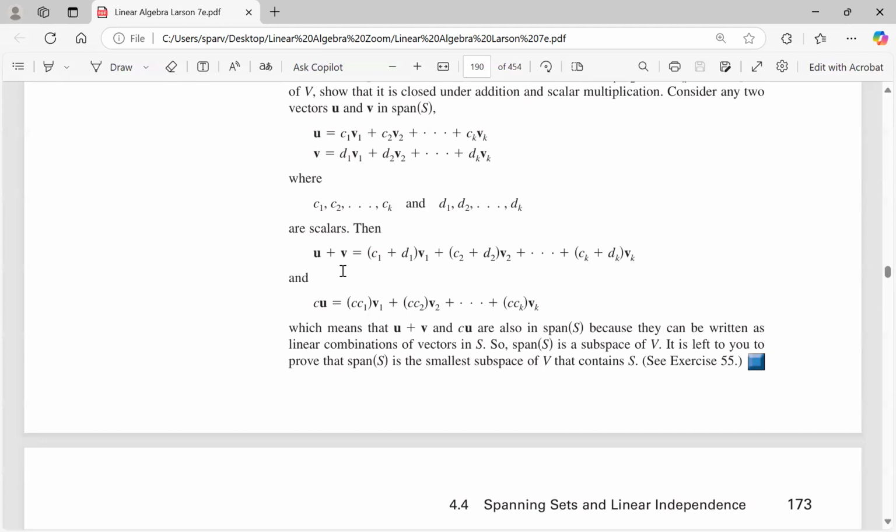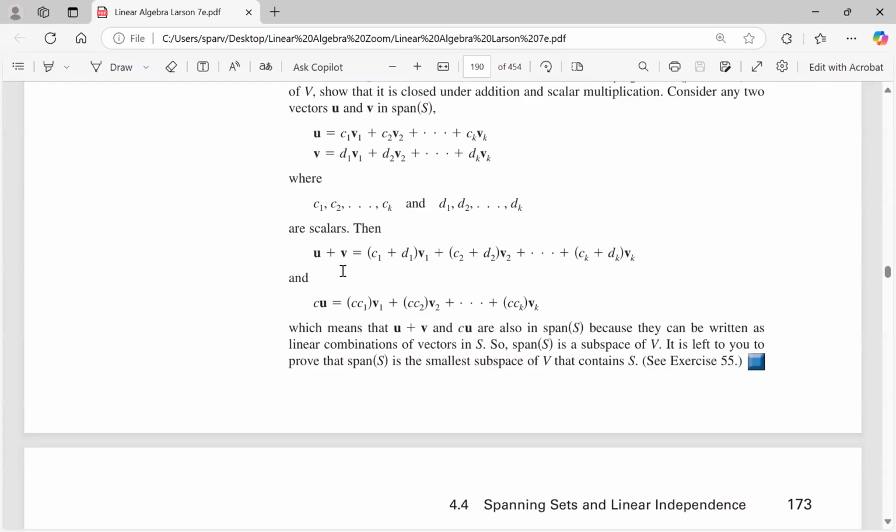What I mean by that is that the span of S1 will be a subset of span S2, and the span of S2 would be a subset of the span of S1, which in effect means they are equal, they are the same span, okay? Which again solidifies the concept of uniqueness of a span.